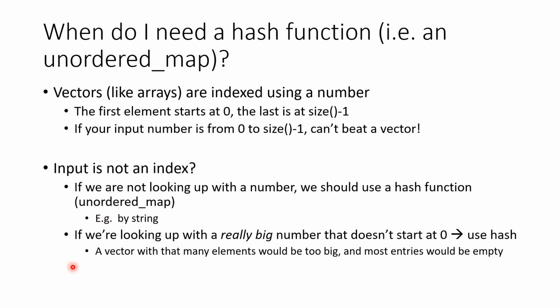If the index is as large as, say, the OSM ID that we have in our library, and we really create a vector for that, it will exceed the memory limit on our machines. So it's really inefficient. Or if we are not indexing with an integer but with a string, then we will need to use the unordered map option. But in this case, we're using the vectors.